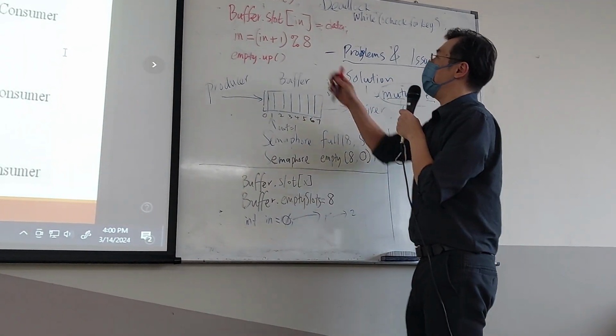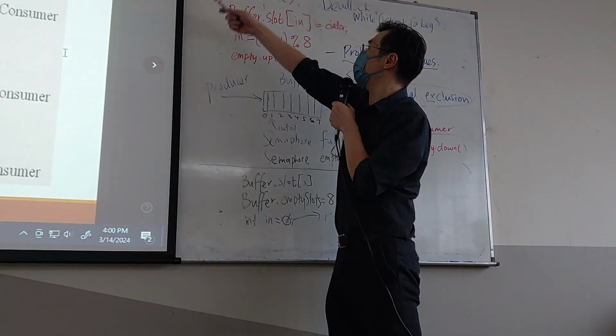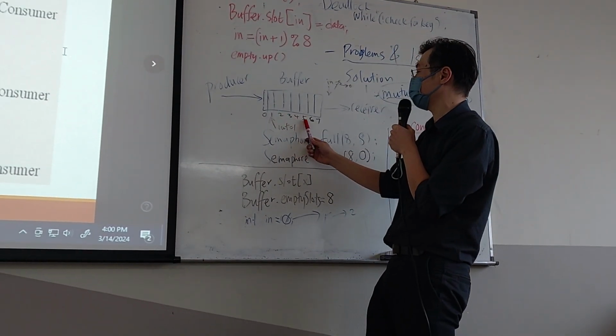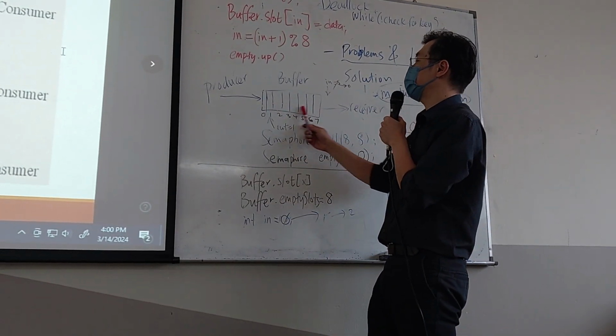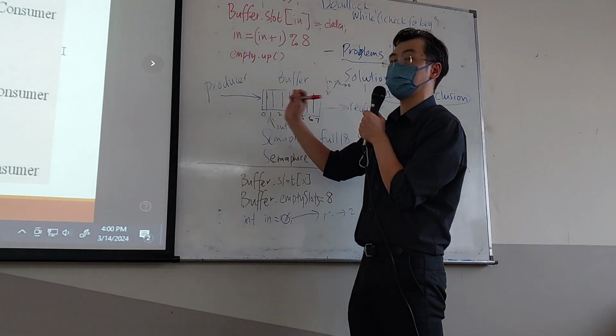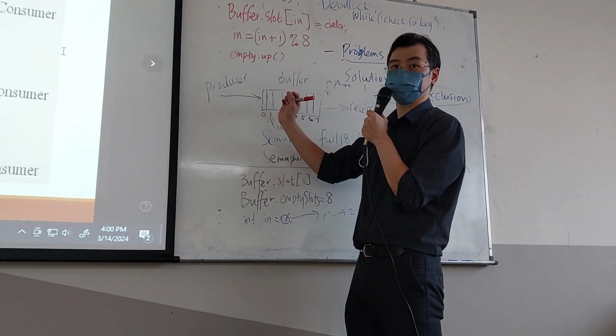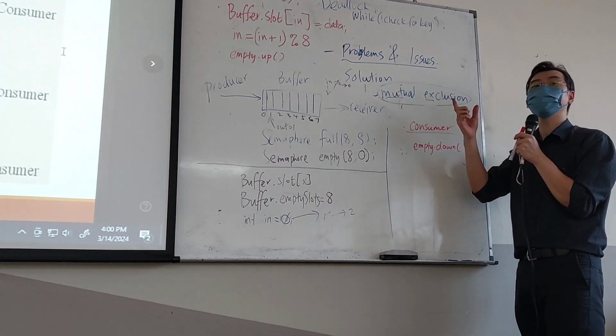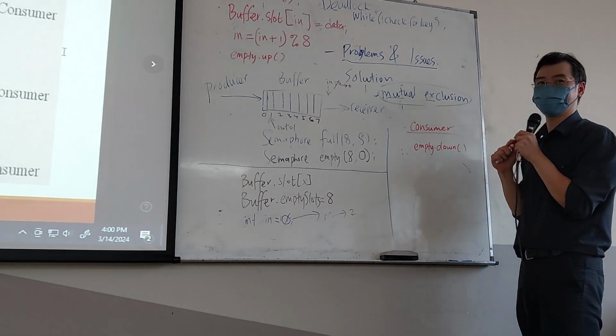Because you got at least one slot that is full. Okay? And then when the producer produces some more, another down, and then you keep on moving until you fill up. So by the time you fill up, this full is going to be, the counter is going to be 0. How about the empty? The counter is going to be the maximum, which is 8.